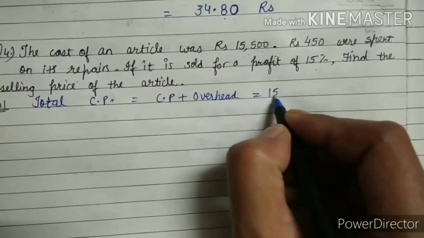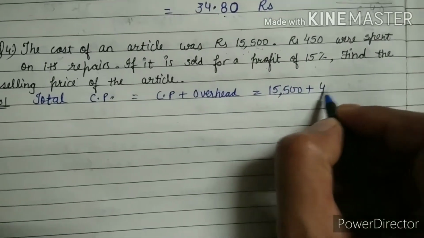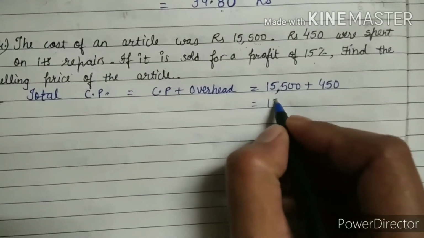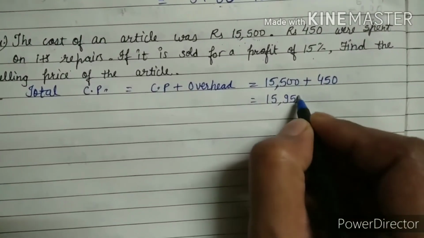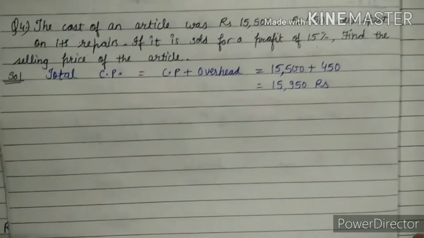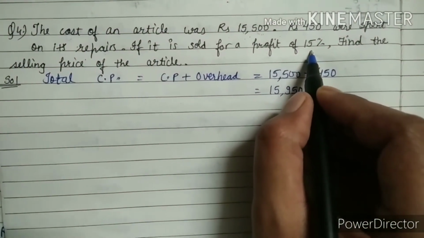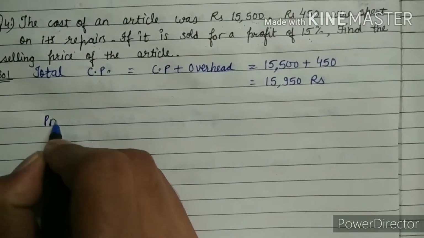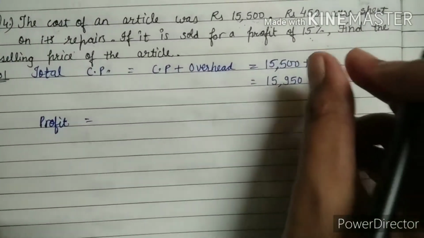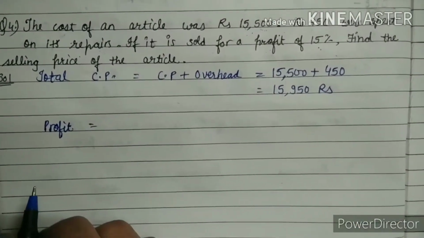Cost price is 15,500 and overhead is 450. After adding them, we will get 15,950 rupees. Now you can see here, if it is sold for a profit of 15%, so profit, that we are comparing, because profit is given in percentage and we will find from the percent the profit in rupees.